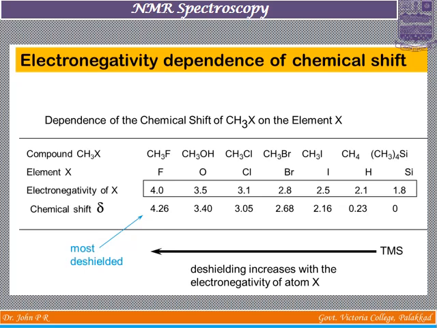Like that. If we replace X with silicon, carbon and silicon have almost close electronegativity values, and we arbitrarily put it as 0 for tetramethyl silane.